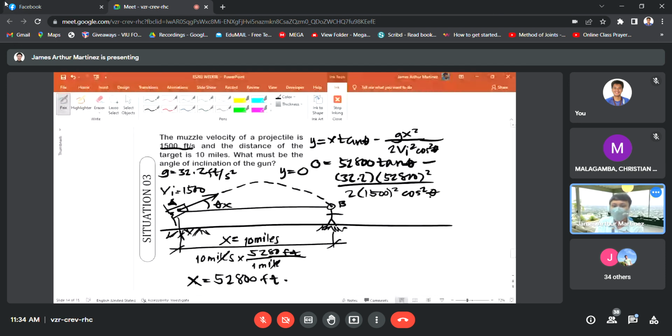Therefore, we can directly compute for the angle theta. So how much is angle theta, class? Finally, compute.